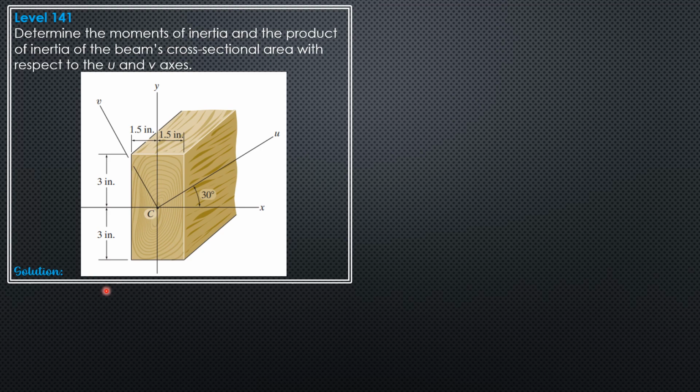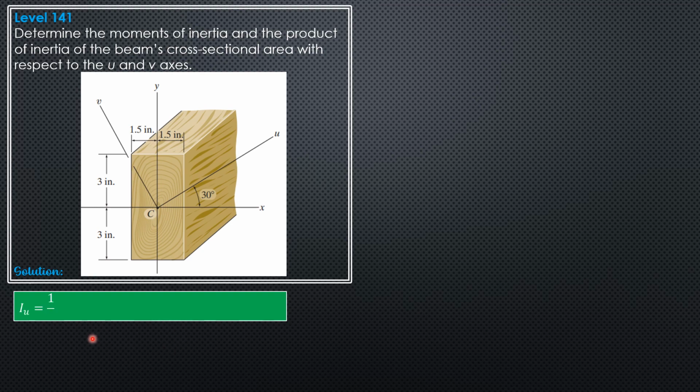I sub u equals 1 half quantity Ix plus Iy, plus 1 half of quantity Ix minus Iy cosine of 2 theta minus Pxy sine of 2 theta.